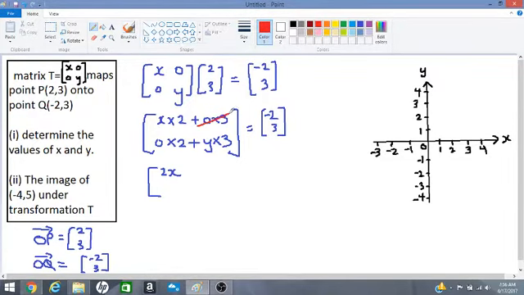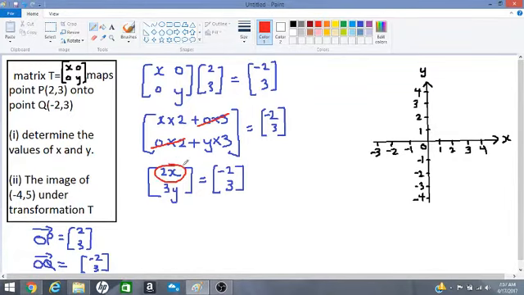And 0 times 2 is 0, this goes. Remaining y multiplied by 3 is 3y. That is equal to -2, 3.